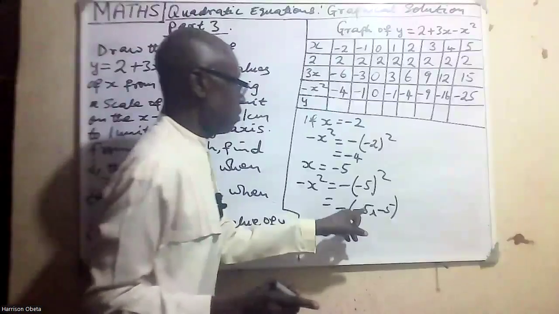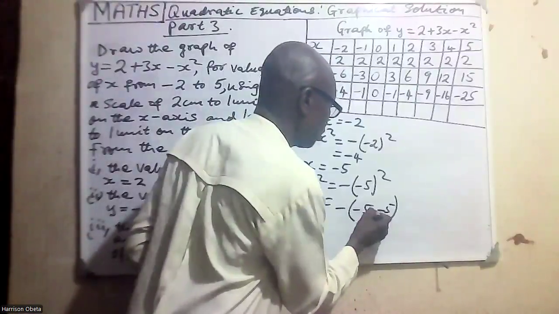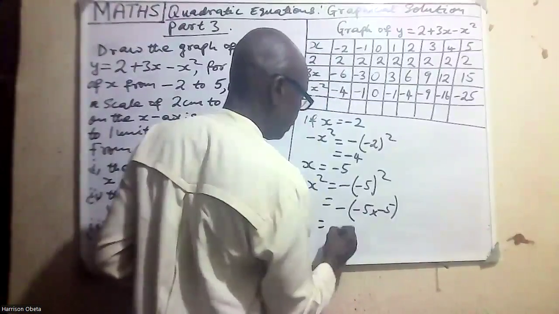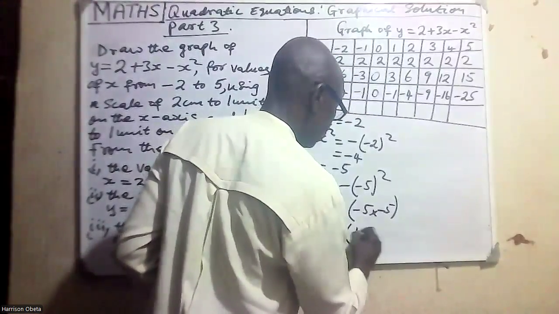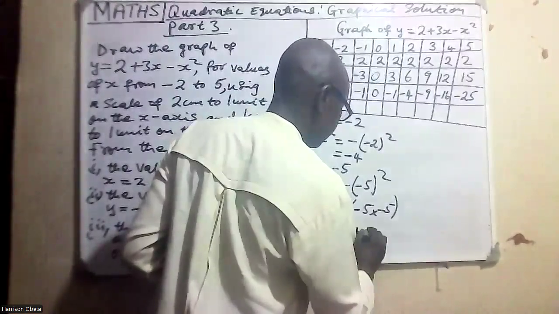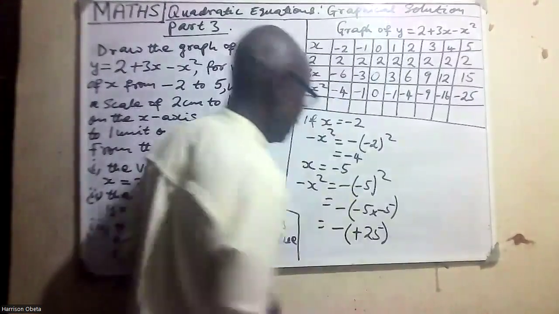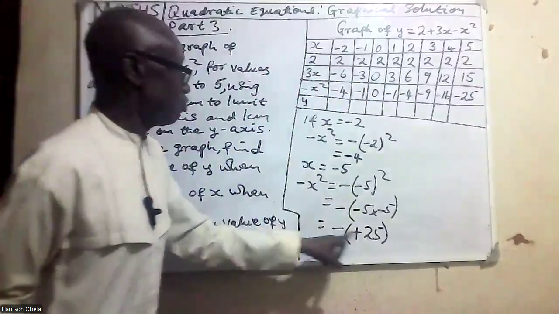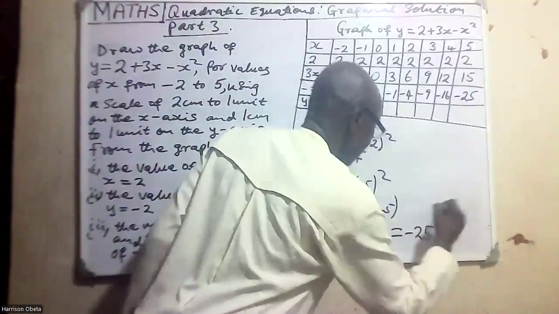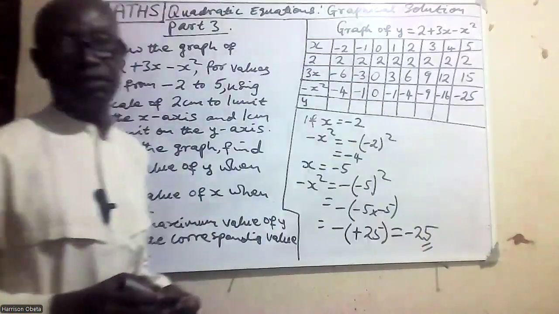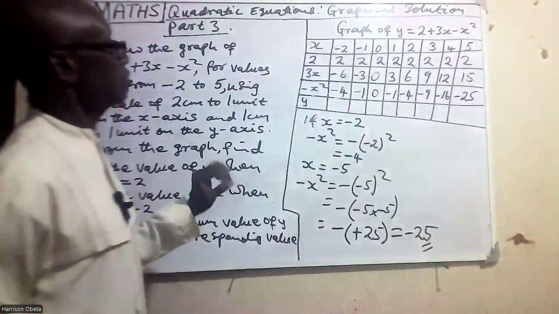And remember that minus 5 times minus 5 is plus 25, which is minus bracket plus 25. And remember that if you open the bracket, this will affect this. That will give us minus 25. So take note of that, so that there won't be any confusion.